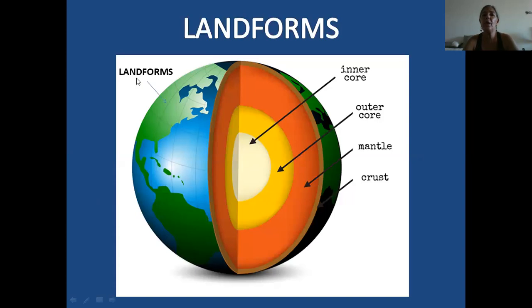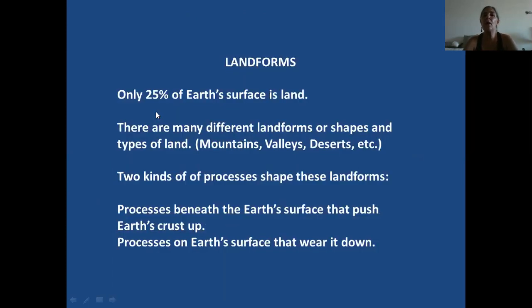The next layer is the landforms. You can see it over here. The landforms are basically the land, and they are only 25% of Earth's surface. There are many different landforms, or types of land.